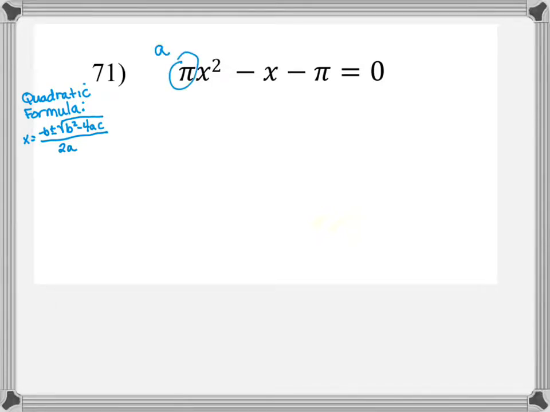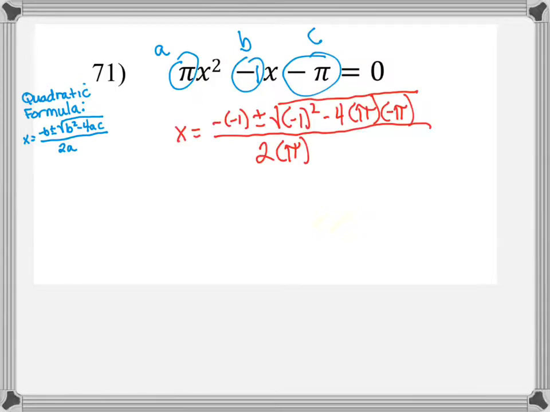So here my a is pi, my b is -1, and my c is -pi. So if I substitute those in, you'll see I always use parentheses when I'm substituting in: x equals the opposite of -1 plus or minus the square root of (-1) squared minus 4 times pi times -pi, all over 2 times pi.